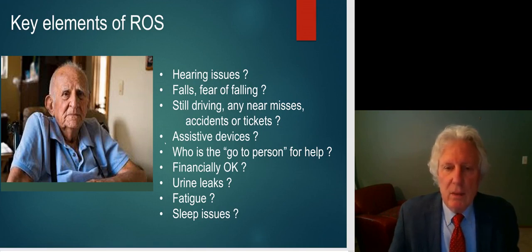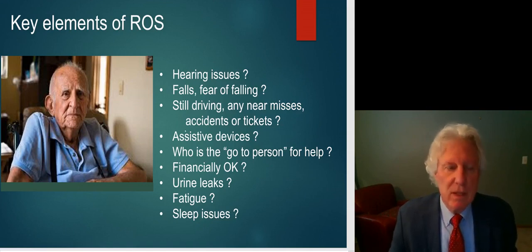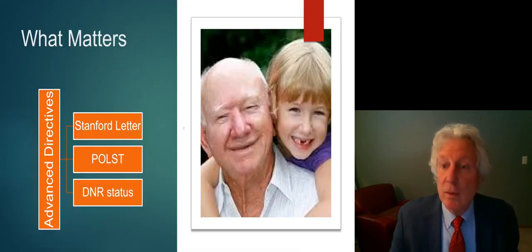You also want to ask older adults about any urinary problems, frequency, nocturia, and so forth. Ask them about fatigue, particularly if they are walking. Do they get tired while they're walking, short of breath? And then also sleep issues. How soundly do they sleep? Do they have problems getting to sleep or maintaining their sleep?